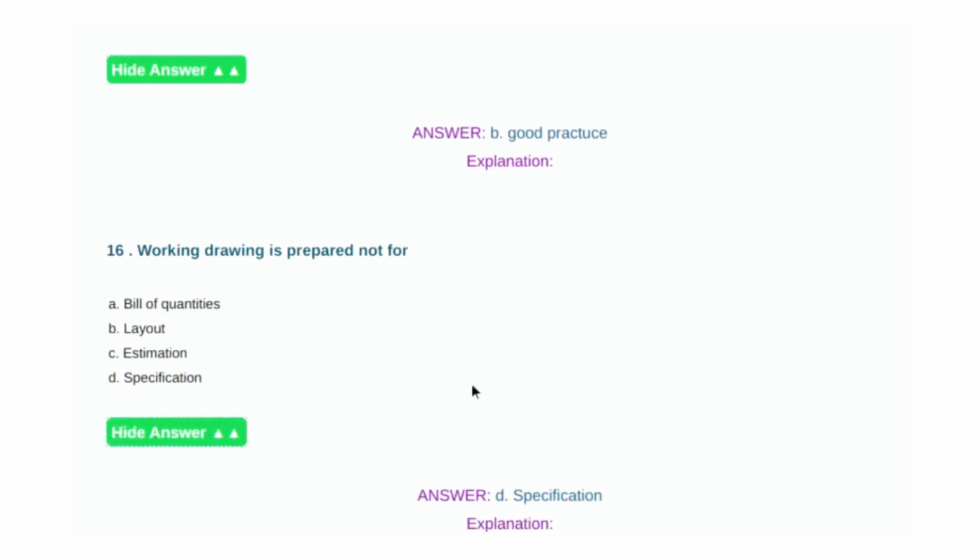Working drawing is not prepared for: bill of quantities, layout, estimation, specification. Working drawing is not prepared for specification.